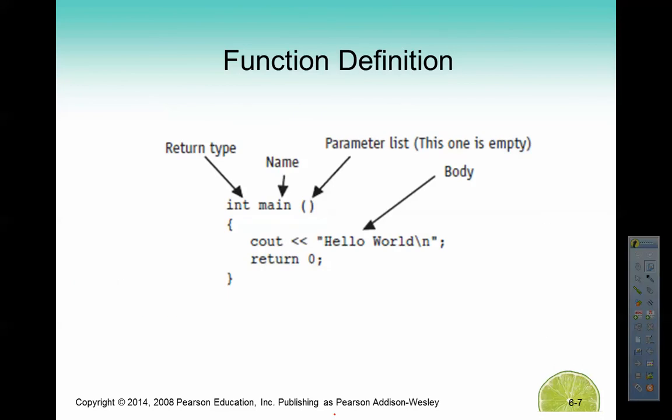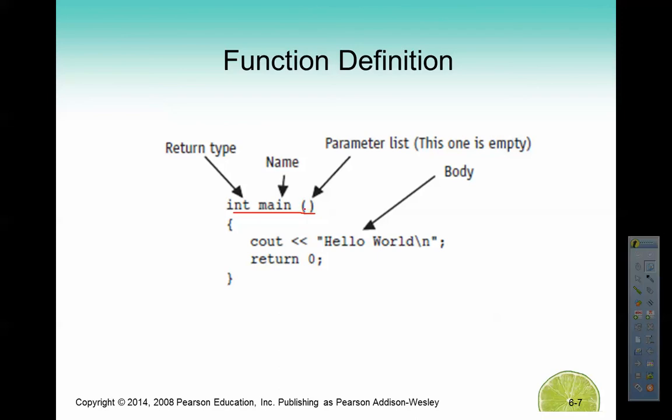Here's an example using main. Main has, here is the return type, so that is going to be on the first line. Here's the name, and here's where the parameter list is supposed to be. Right now it's empty. It has an open and a closed parenthesis. There is nothing in it.